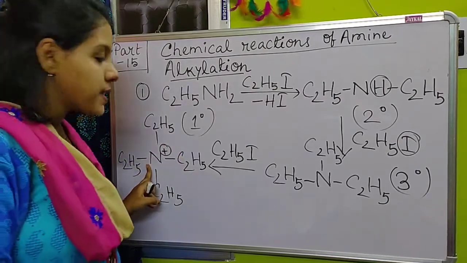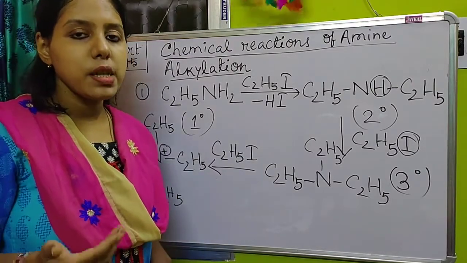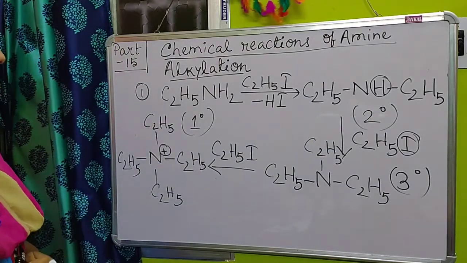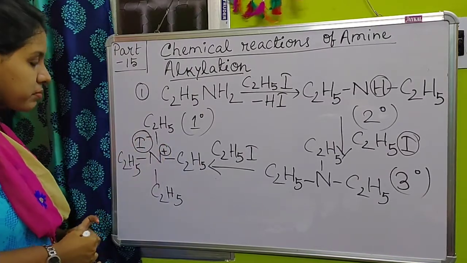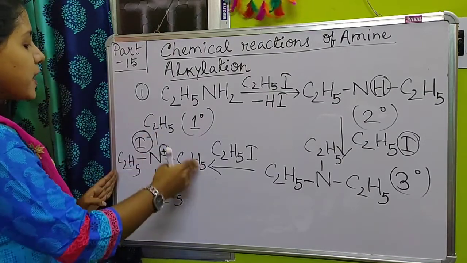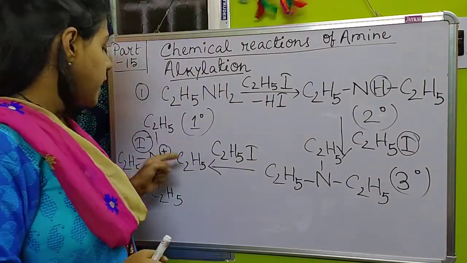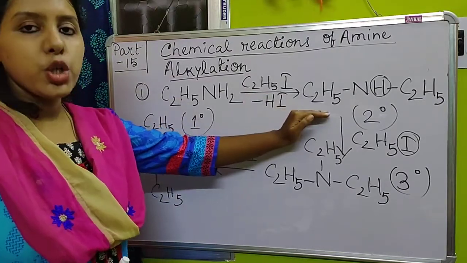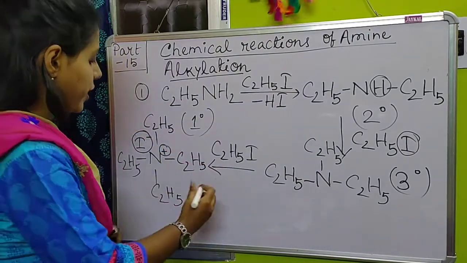As the nitrogen is having 4 bonds, which is beyond its valency of 3, there will be a positive charge on it, and because of this the I minus will also be present, to make the total compound neutral. So here we are getting tetraethyl ammonium iodide. Tetra means 4. So from 1 degree we can get 2 degree, from there 3 degree, and from 3 degree we can get 4 degree also.